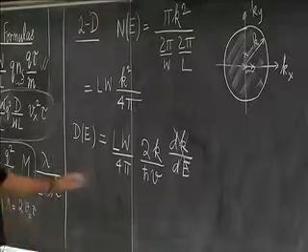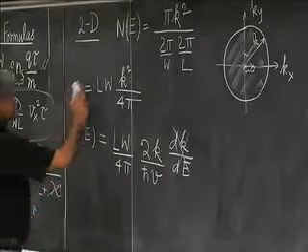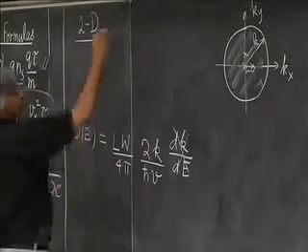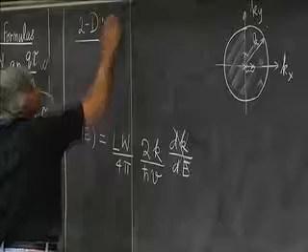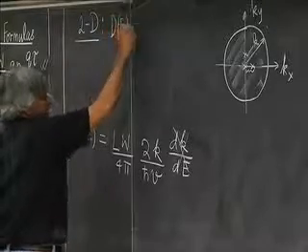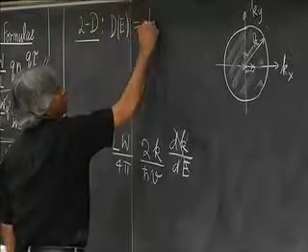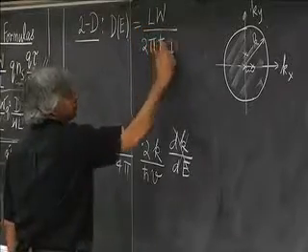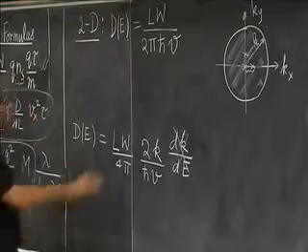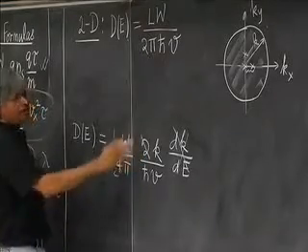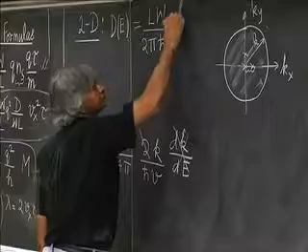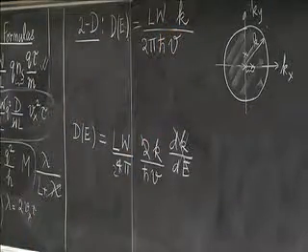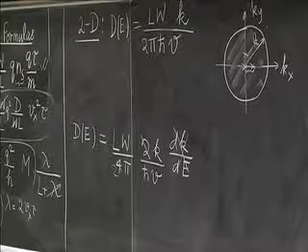So the expression you then get, let me write it on top, is that the density of states is L W over 2 pi h bar v, and then a k. That's it. I've done this right.